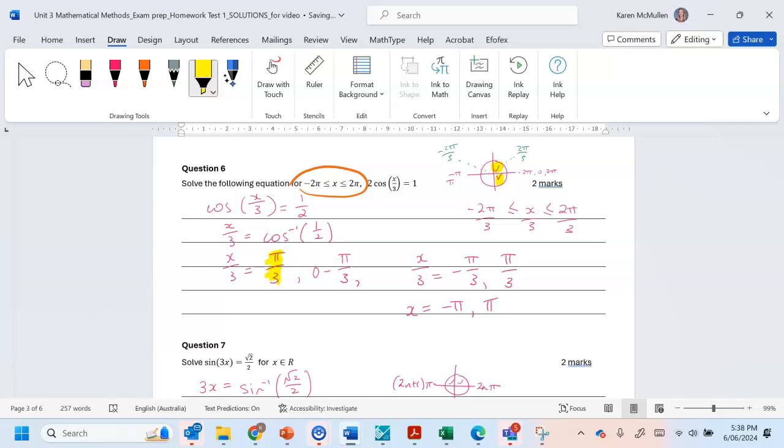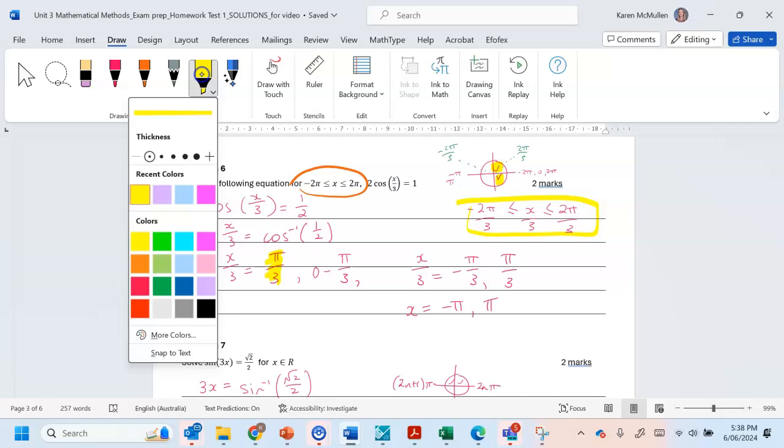I have been telling you to change your domain, which is what I did here. It's a bit of a pain, this one, because we're dividing it by 3. So basically we're going from negative 2pi on 3 to 2pi on 3. So it does require a little bit more thinking. They're not as straightforward as other ones we've done, but then again, not too difficult. So pi on 3 is definitely within that domain, and negative pi on 3 is also within that domain.